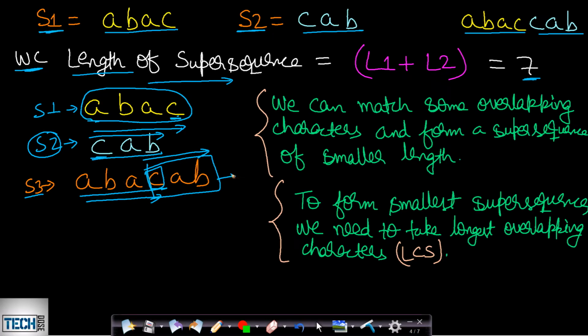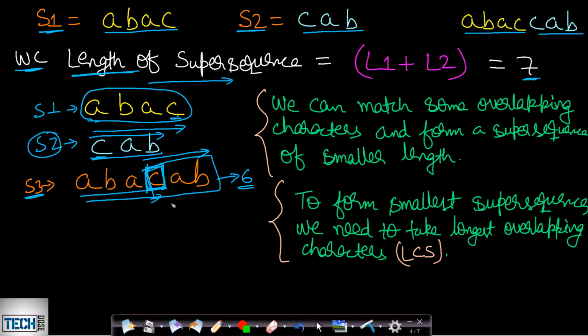Now this is of length 6, so this is better than the worst case length, but we want to minimize this length. So what can we do in order to minimize it? We want to maximize the number of common characters, because if we can find the maximum number of common characters, then we can write those characters only once and not twice. In that way, the length of string S3 will be minimized.